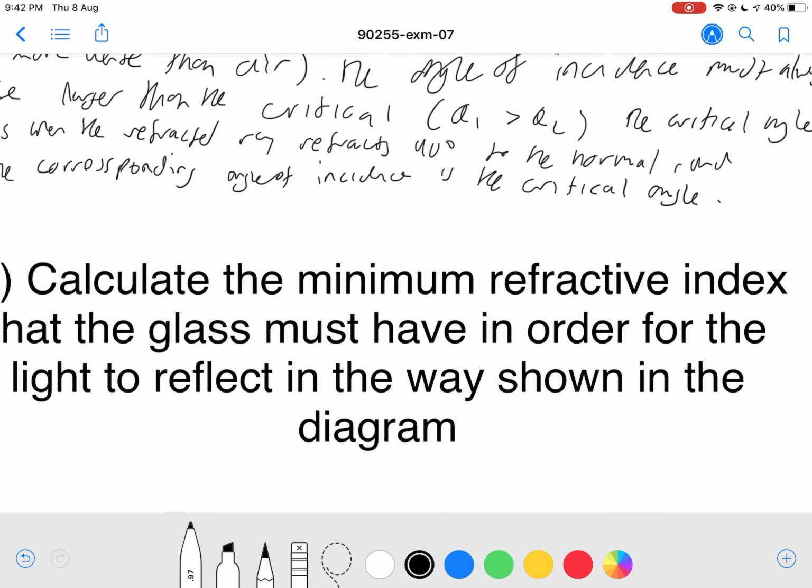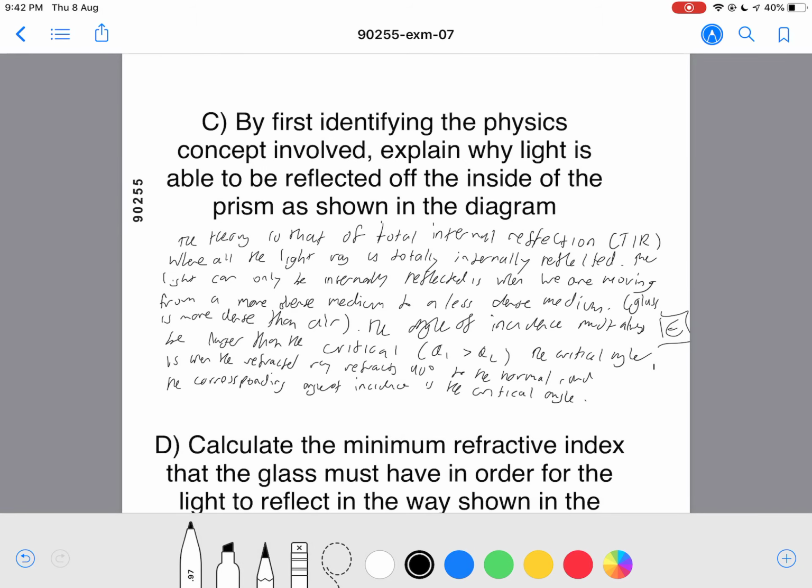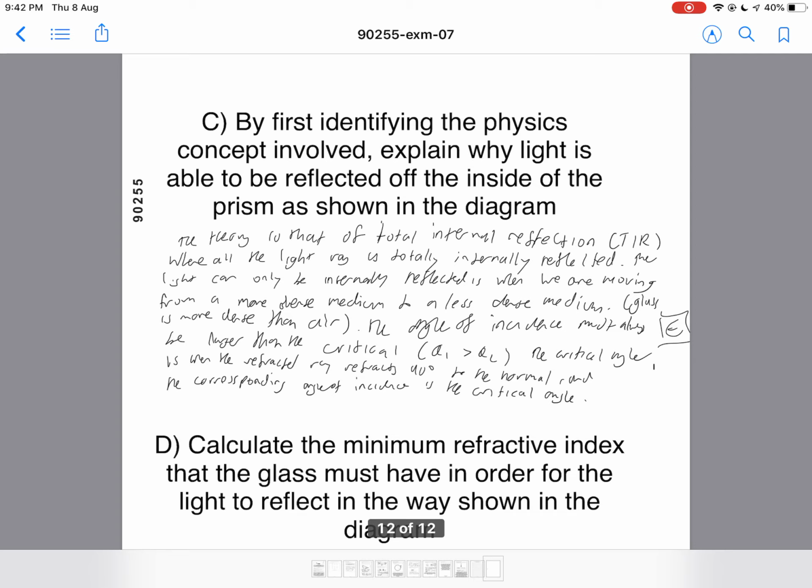Alright, calculate the minimum refractive index that the glass must have in order for the glass to reflect in the way shown in the diagram. So basically, when it reflects in the way in the diagram, it's total internal reflection, and that can only happen when the angle of incidence is greater than the critical angle.